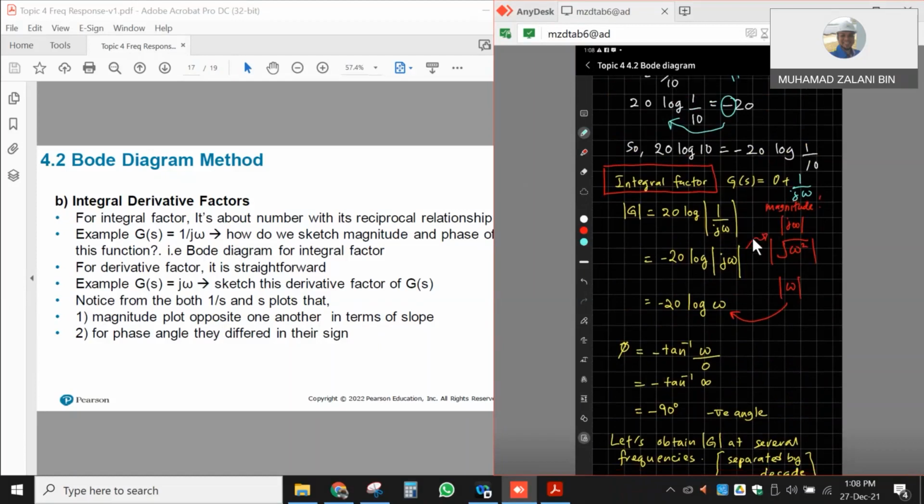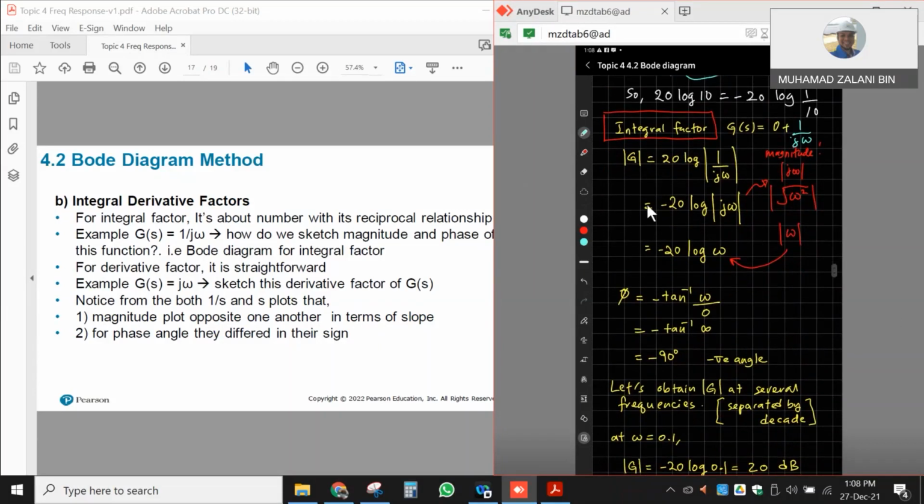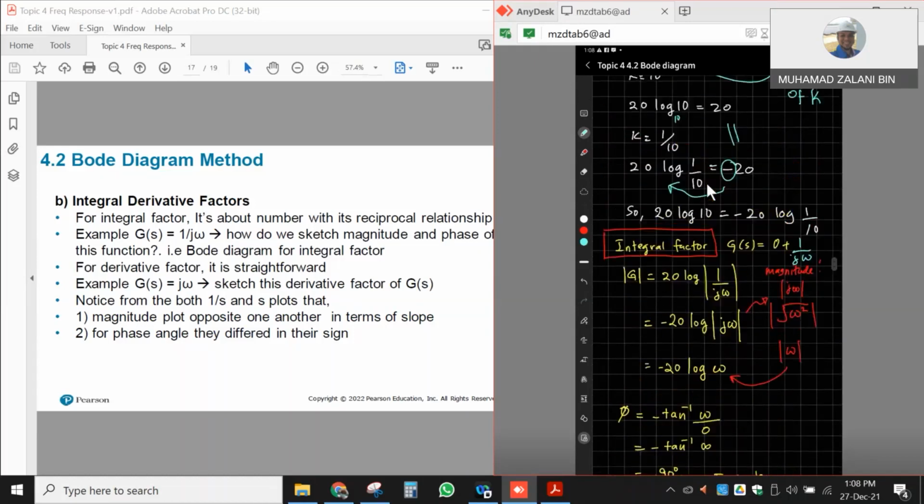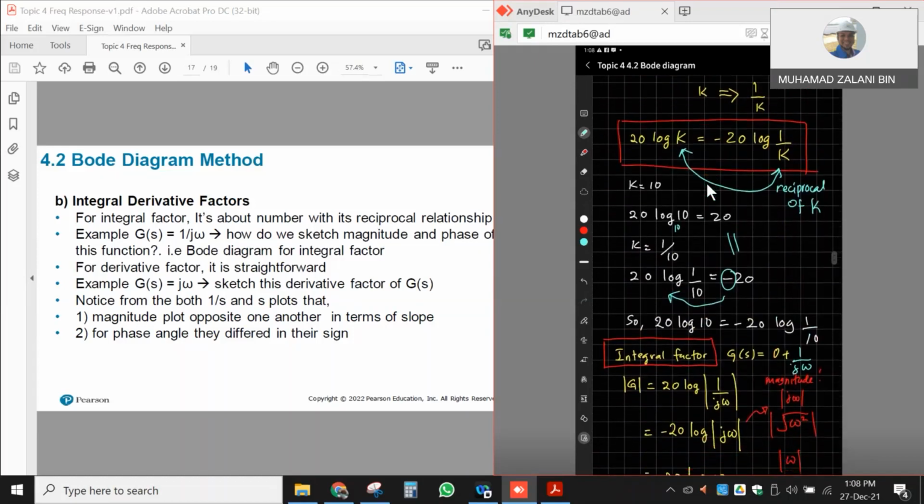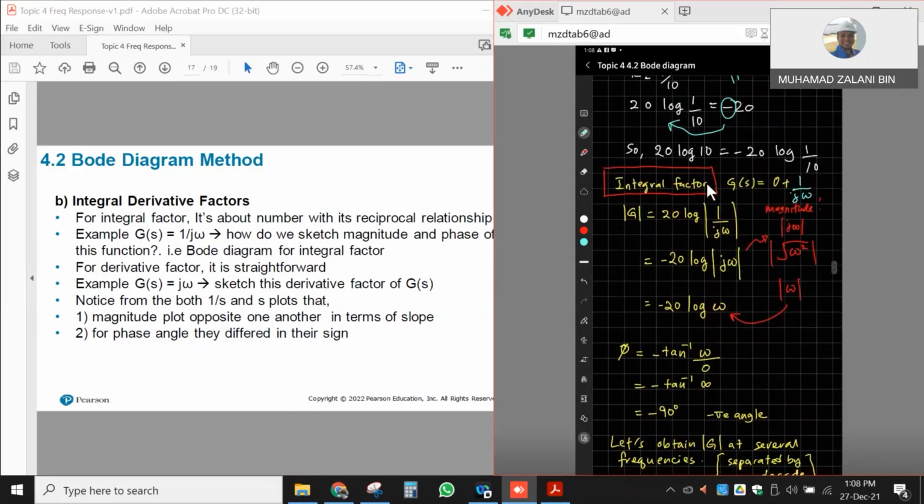So when we do the power decibel for g, we do it as usual, 20 log 1 over j omega. But since this form has the relationship of reciprocal of j omega, which is 1 over j omega, we can convert this function to negative 20 log j omega, so that in this form it is easier for us to do further calculation.